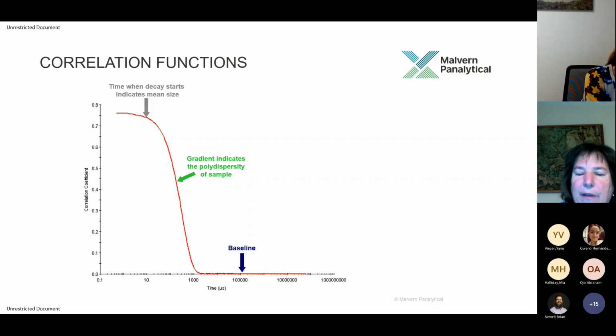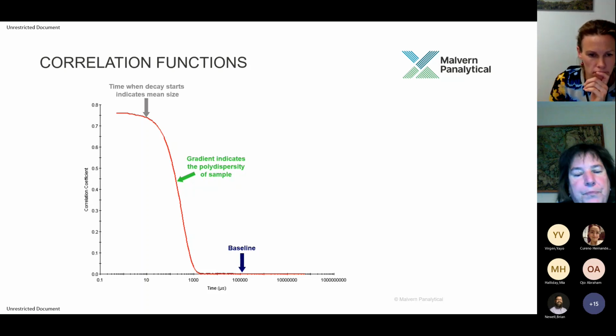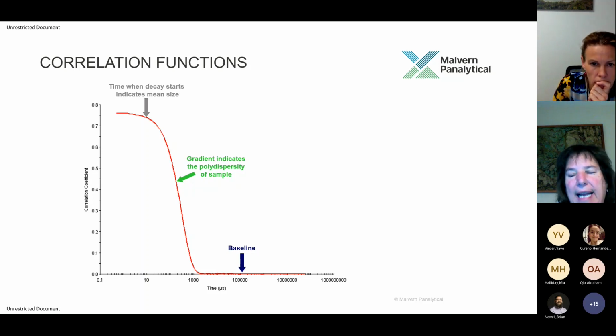And again, a number fluctuation is a big problem because during the course of this measurement, let's say we have 500 or 1,000 particles in that scattering volume, we need to maintain the same number of particles during the course of the measurement. If you have large particles sedimenting, that means particles are falling out through that scattering volume, and you're not maintaining the same number of particles.